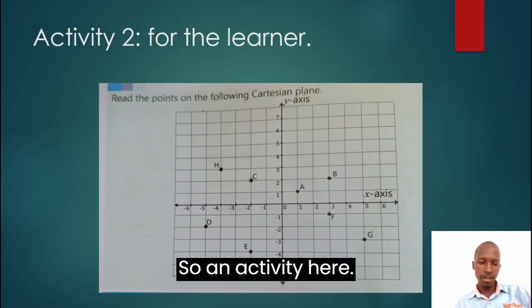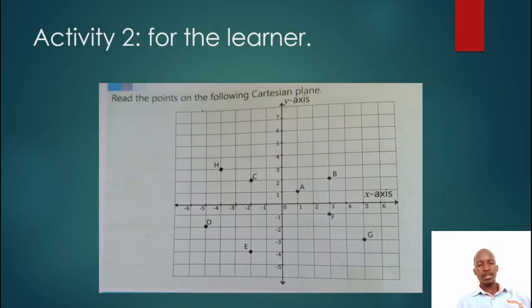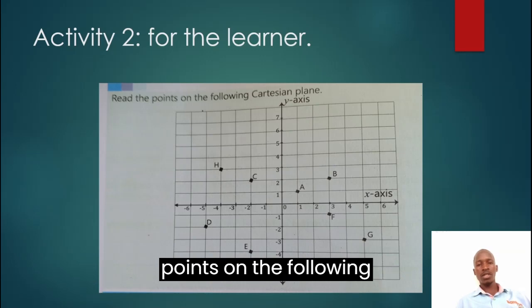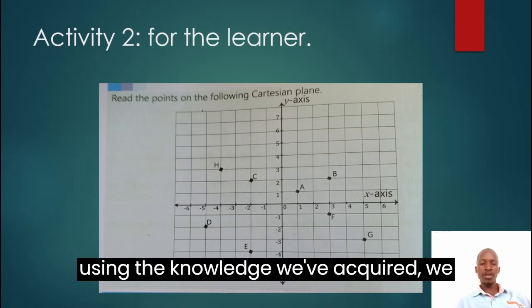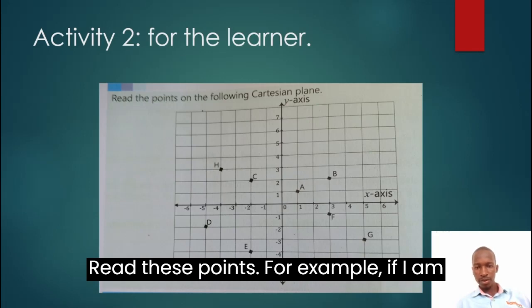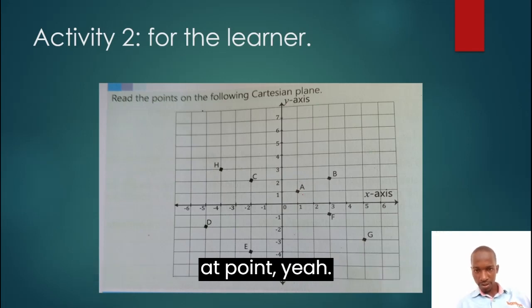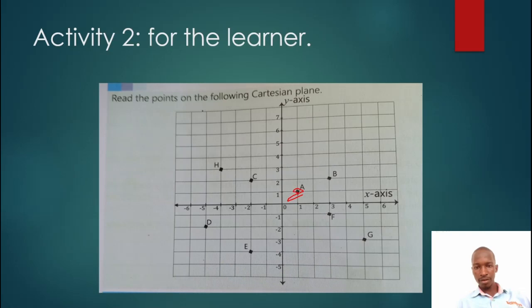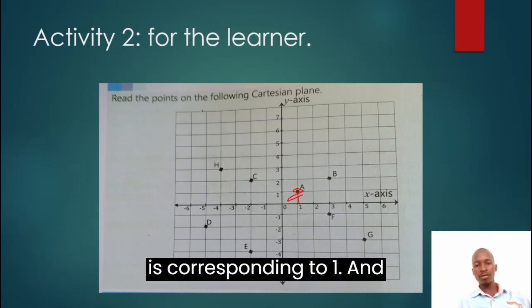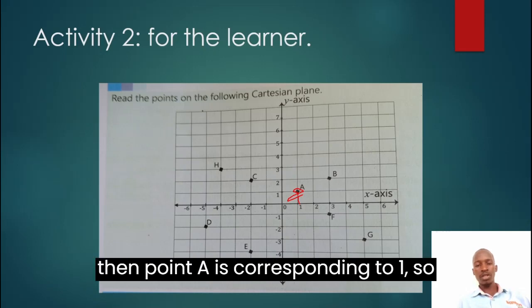So an activity here is just for you to use the previous knowledge. They are telling us to read the points on the following Cartesian plane. So using the knowledge we've acquired, we can indeed read these points. For example, if I am at point A here, you realize that point A is corresponding to 1, and then point A is corresponding to 1.